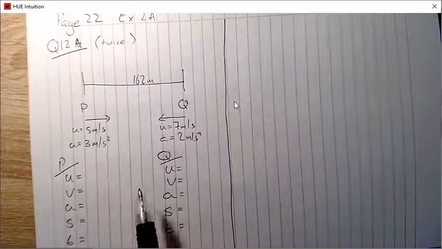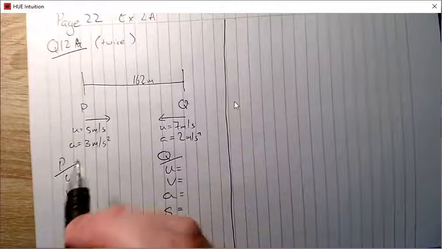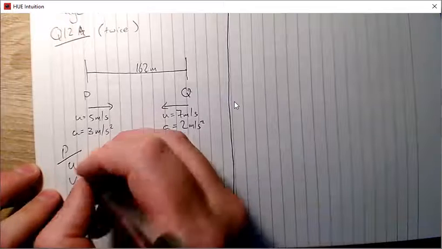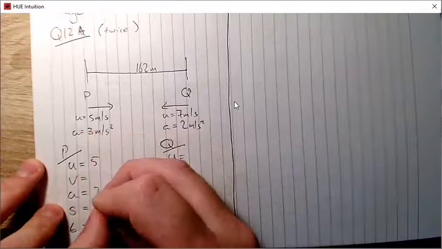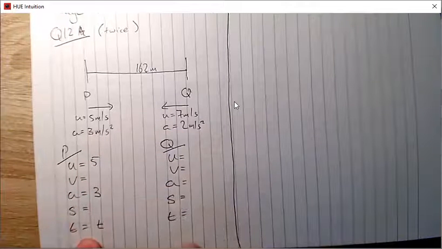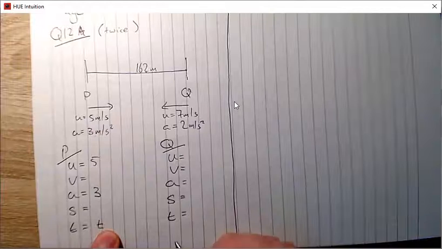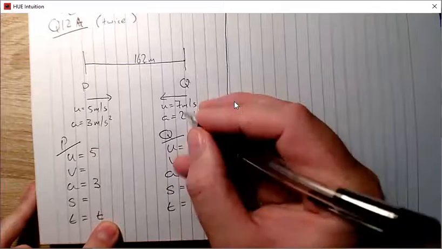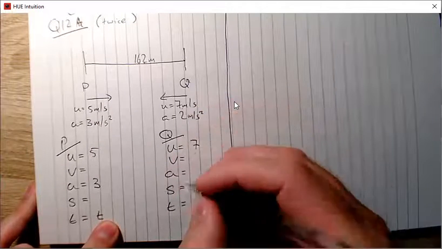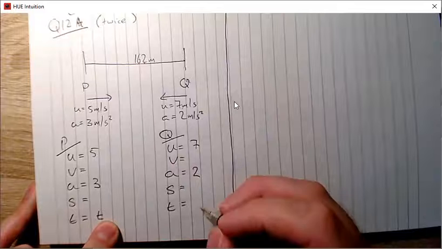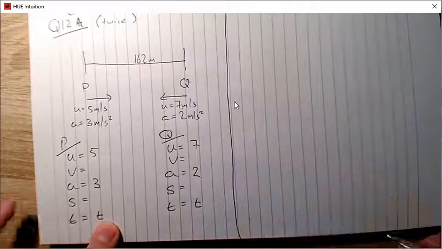Now, if we were to treat P and Q separately, you'll say, well, P has an initial velocity of 5 meters per second, an acceleration of 3, and it's been traveling for a time t. That's the time elapsed. Q has an initial velocity of 7, it's been accelerating at 2 meters per second squared and has also been traveling for a time t.